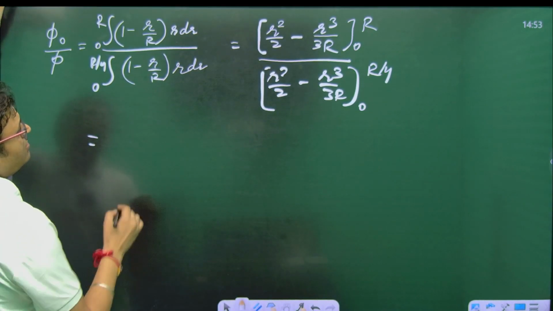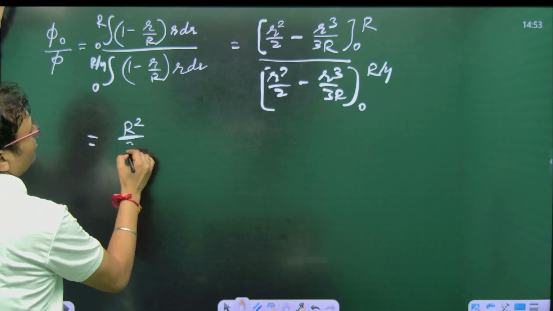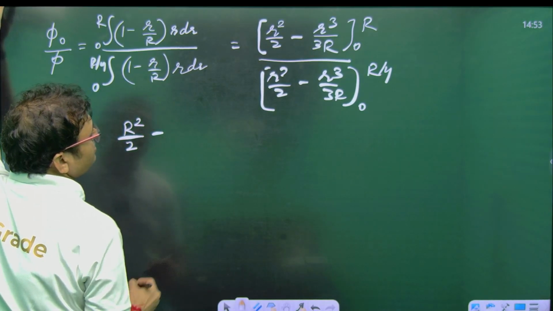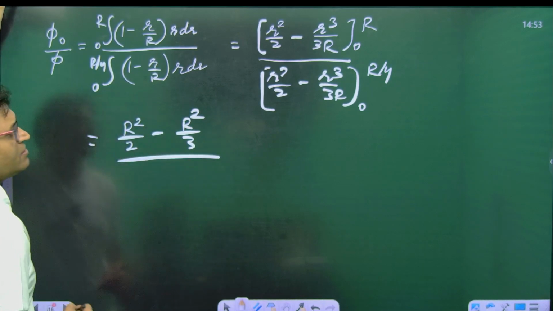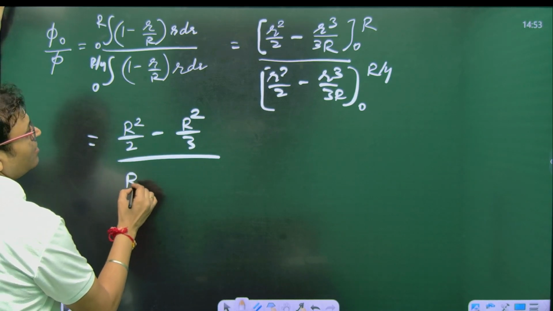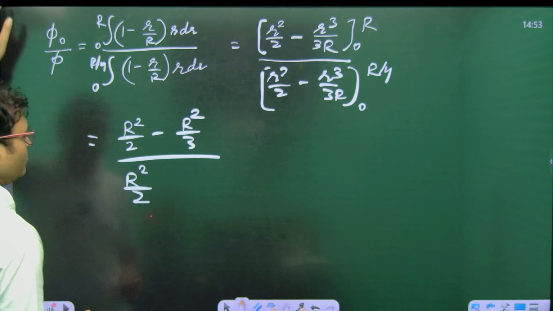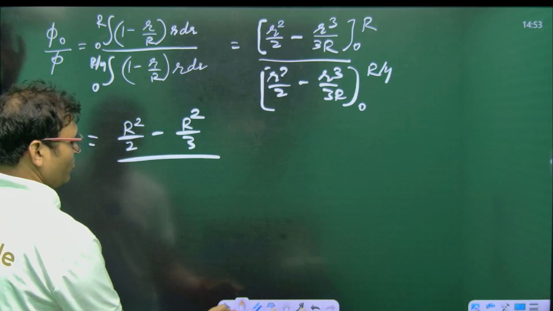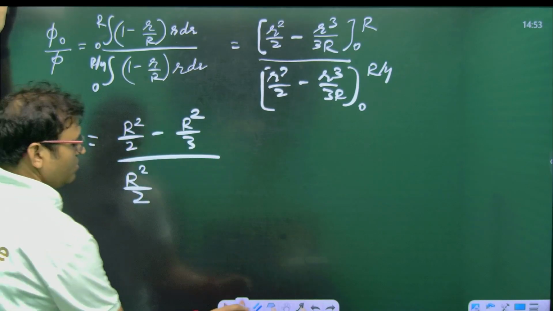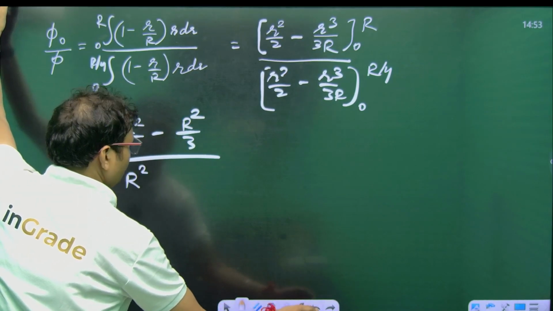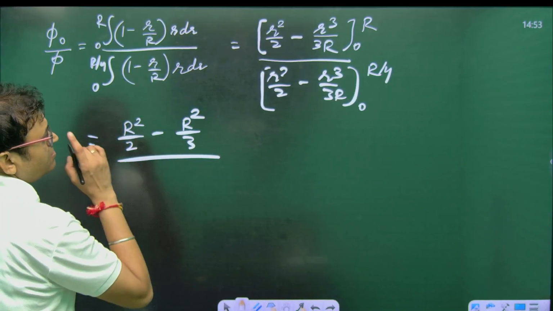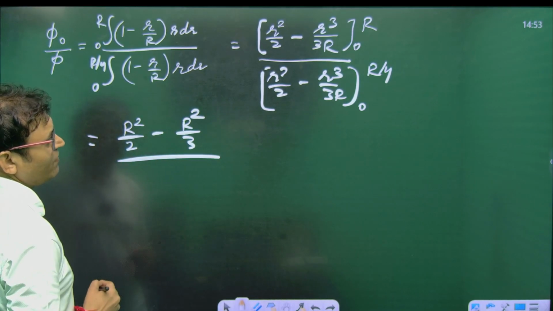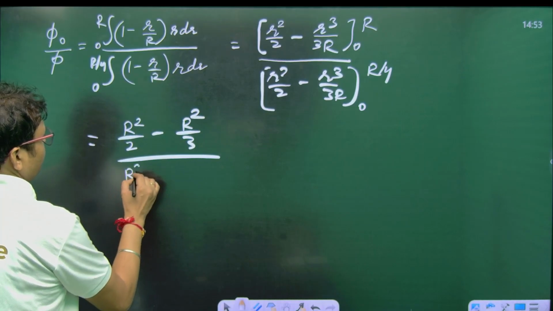So the first term will be R square by 2 minus R square by 3. This is the numerator. The denominator, sorry, we need to put R by 4 in place of r.